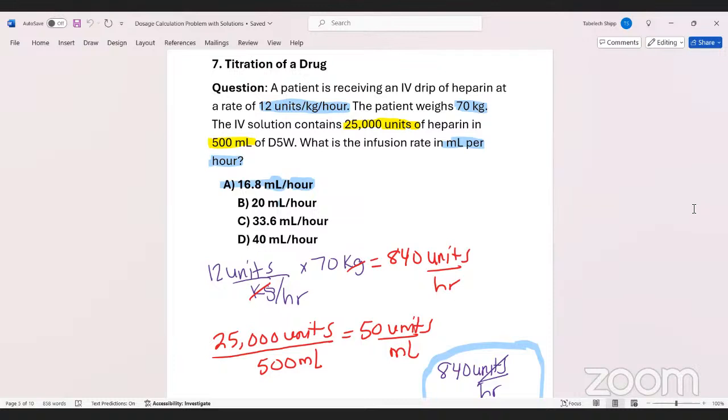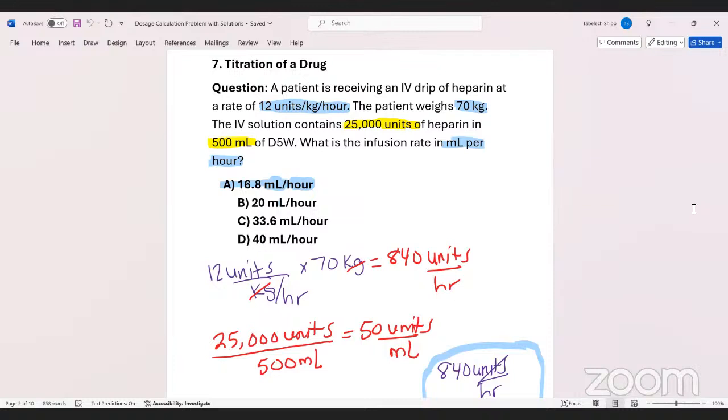So, like in this particular problem right here, you have an IV drip of heparin at a rate of 12 units per kilogram per hour. The patient weighs 70 kilograms. The IV solution contains 25,000 units of heparin in 500 milliliters. What is the infusion rate in milliliters per hour?